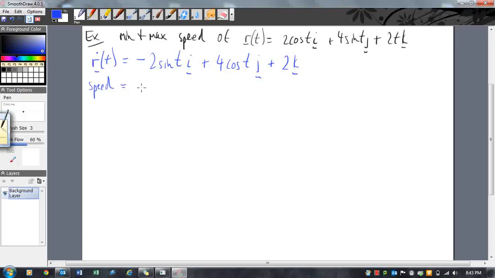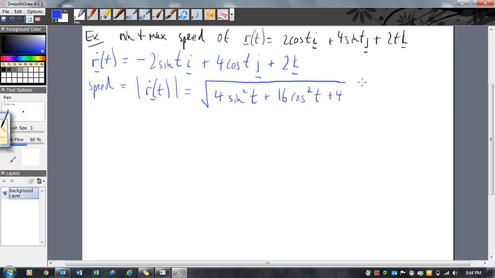Speed is equal to magnitude of r dot t, which is square root of, and we need to square all of our components. So square negative 2, I'm just going to do it quickly because otherwise I run out of space. Negative 2 squared is 4, so 4 sine squared t plus square this plus 16 cos squared t plus that squared, so plus 4.